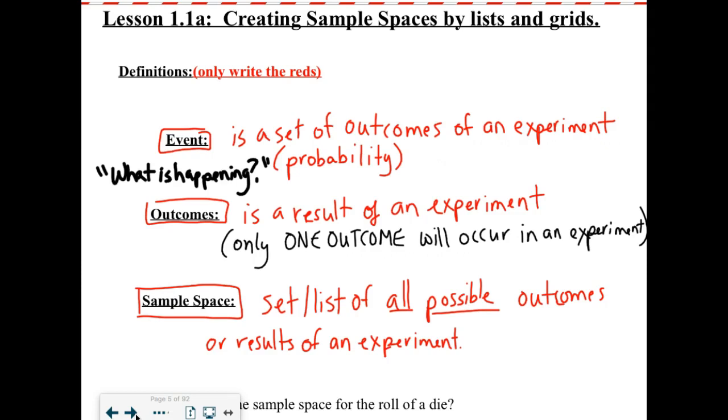To flip a coin, I can get a heads and I can get a tails. Those are the possible outcomes when I flip a coin.